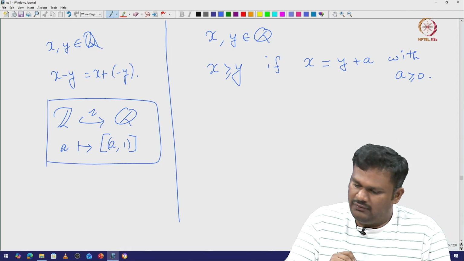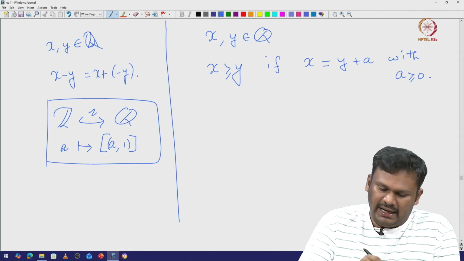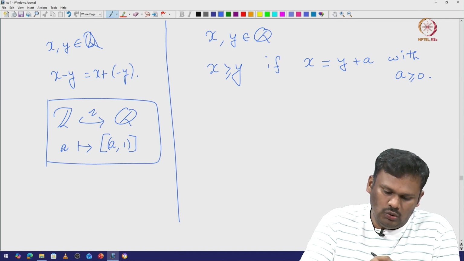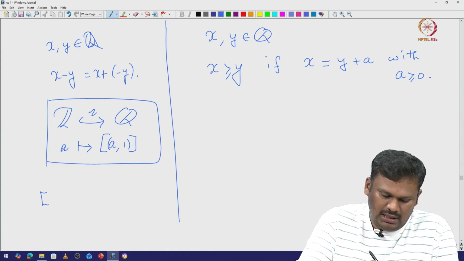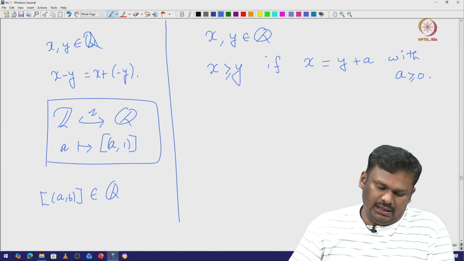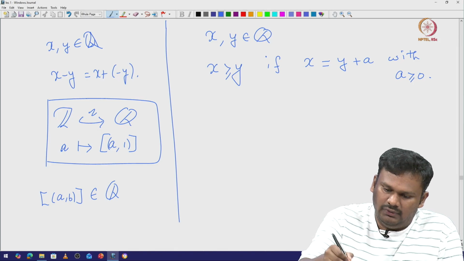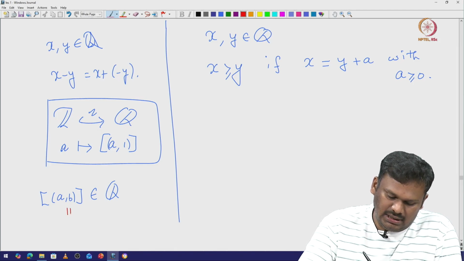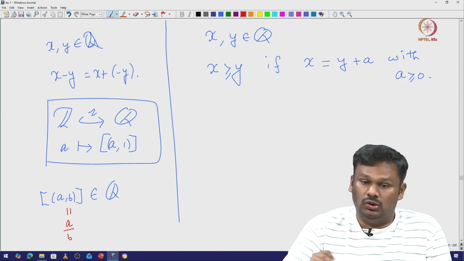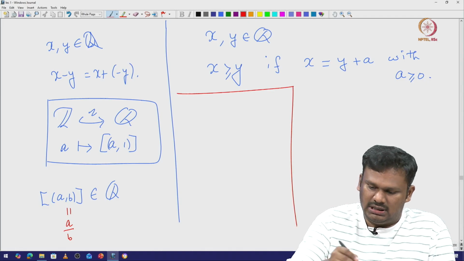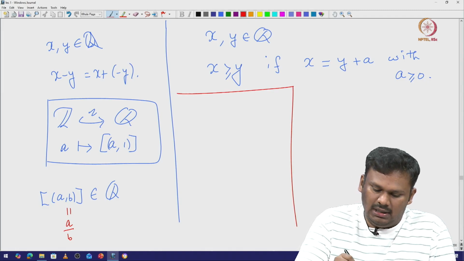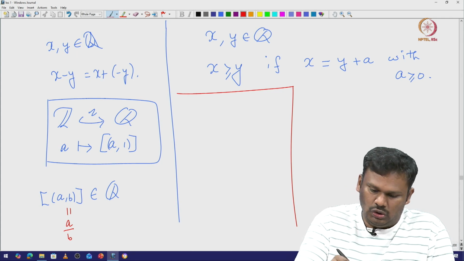But what is the meaning of a being greater than or equal to 0? Recall that any element of Q is an equivalence class [a, b], and we can rewrite this as a divided by b. This is the standard notation that we use. Once we use this notation, it is clear what the non-negative elements in Q are, usually denoted by Q plus.